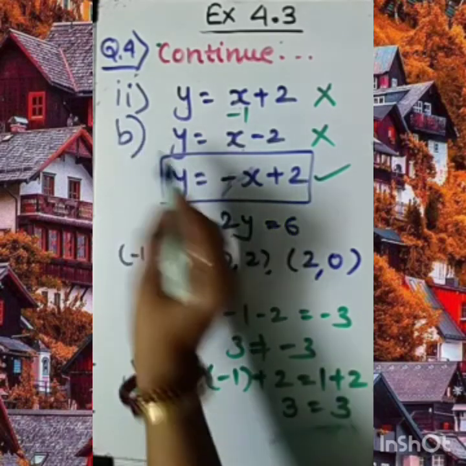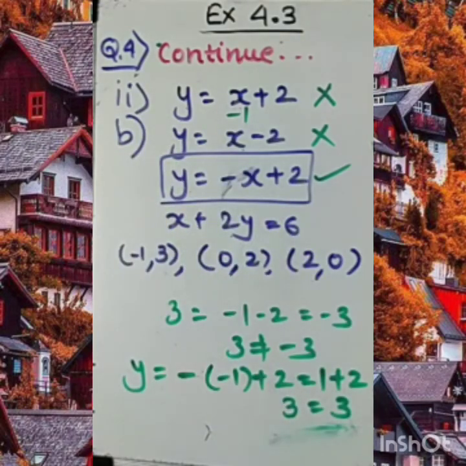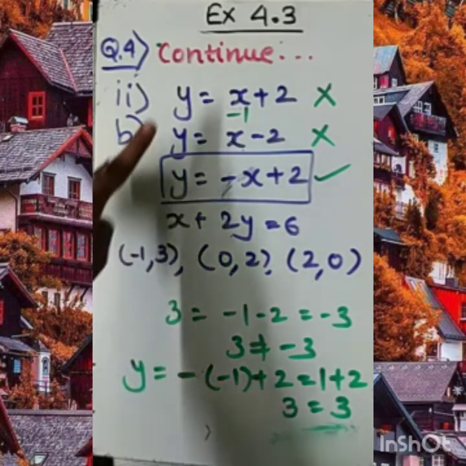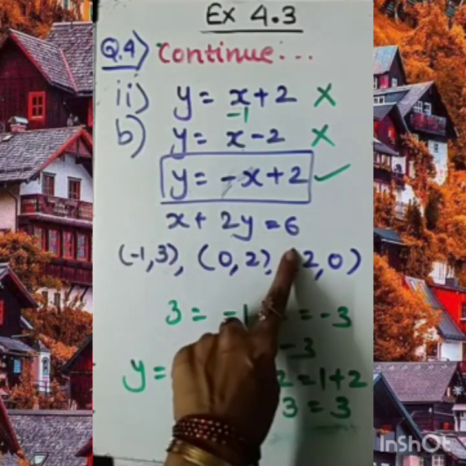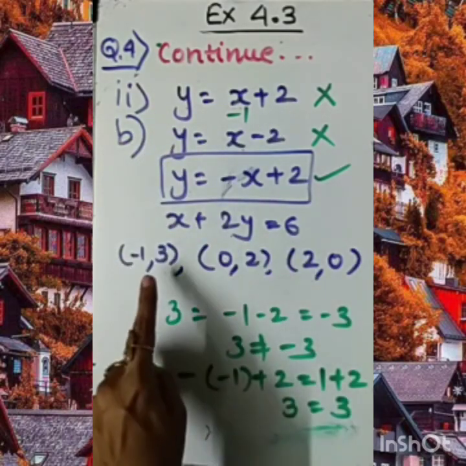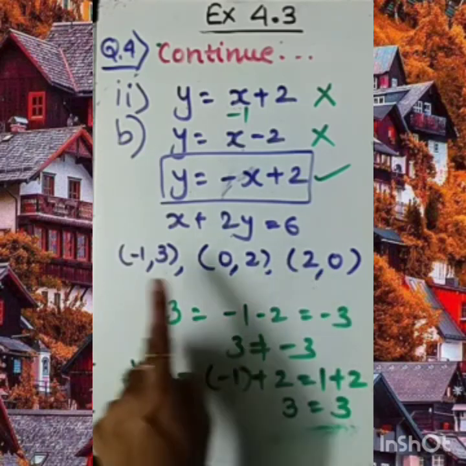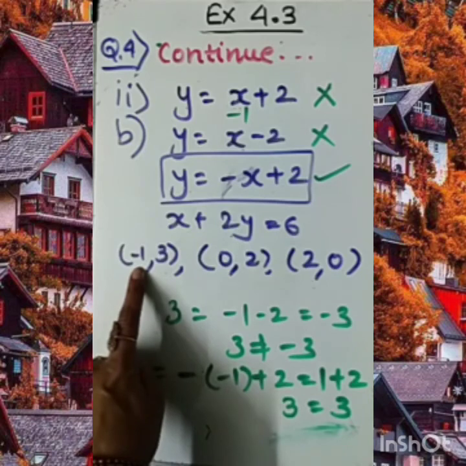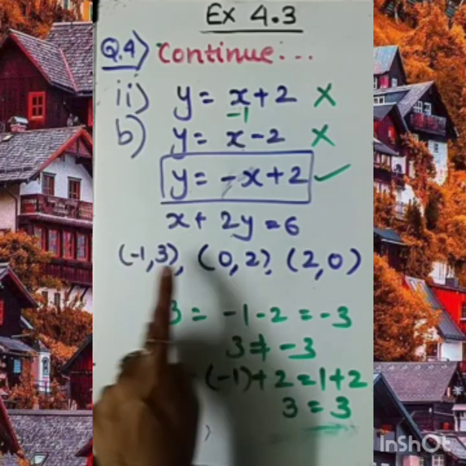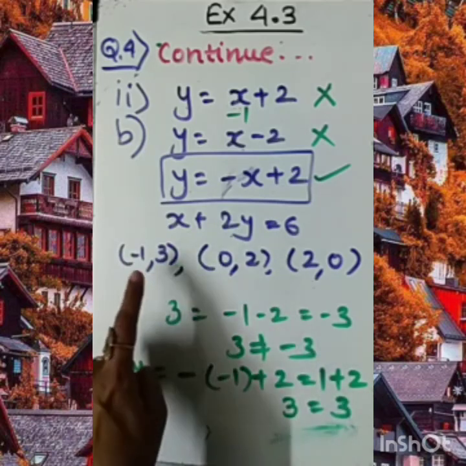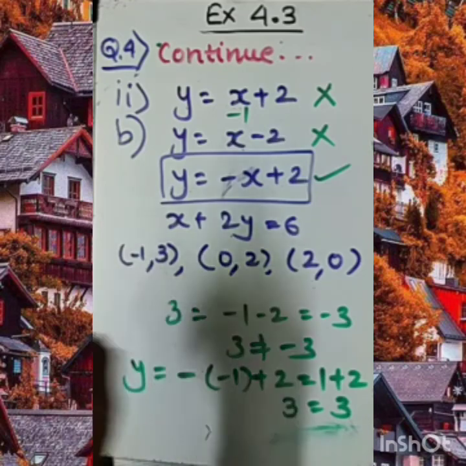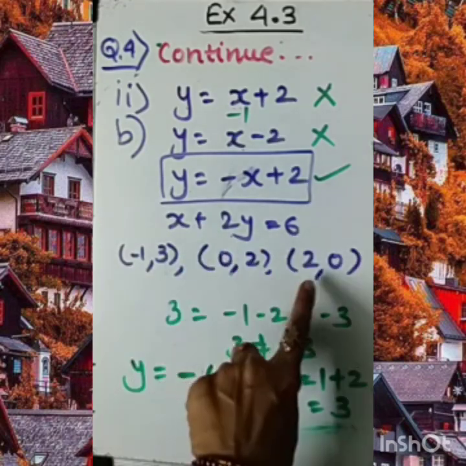Okay. In question 4, it's a B part. There are 4 equations we are given, which I have mentioned. But looking at the graph, whatever coordinates we are given, let's note down and substitute the given values. Any of these 3, first you try. If it is coming yes, then move with the second. If it is coming yes, then move with the third.